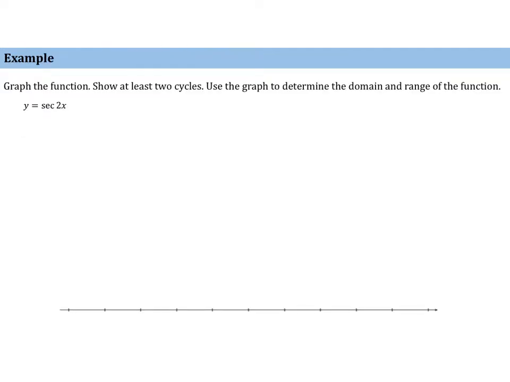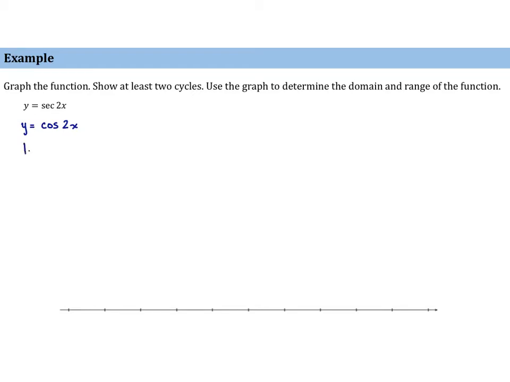So let's take a look at y equals secant of 2x. To graph y equals secant of 2x, we will replace secant with cosine. So we will graph y equals cosine of 2x.